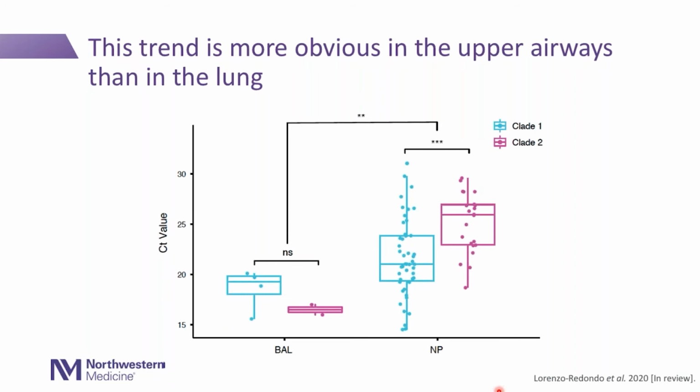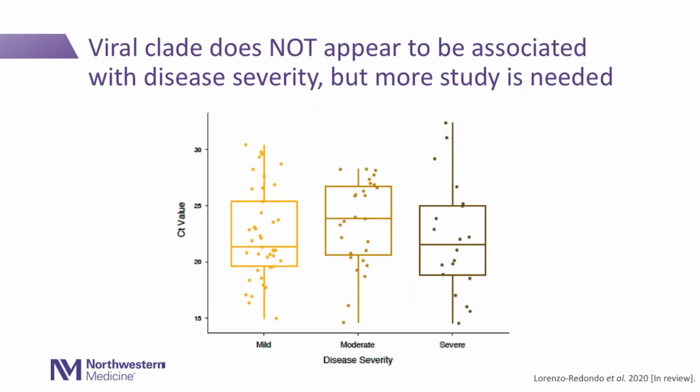One last thing I wanted to note from our clinical data was that viral clade does not appear to be associated with disease severity. We binned our patients based on mild, moderate, or severe disease, and we saw no significant association between either clade or CT value at the time of diagnosis.